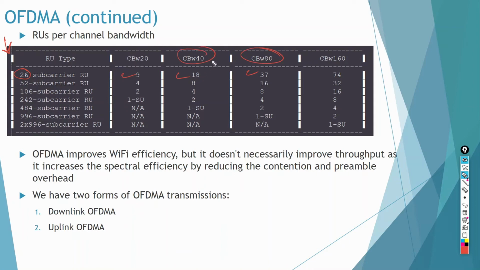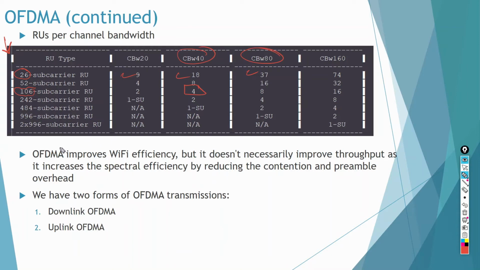So for example, in a 40 megahertz channel, while using this RU size of 106 subcarriers, we can support up to 4 concurrent users at the same time. So have a look at this. If you have any question, let me know in the comment section.